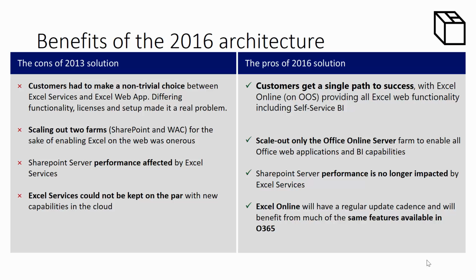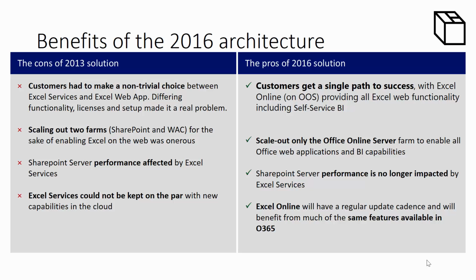And one other thing to note is that Office Online Server is evergreen. So what does that mean? Microsoft Office has made a rather big switch from creating products to creating services. And what it means for the sake of this discussion is that when you're installing this evergreen server, you will be able to get updates on a regular basis and have new functionality arrive to you on a regular cadence.